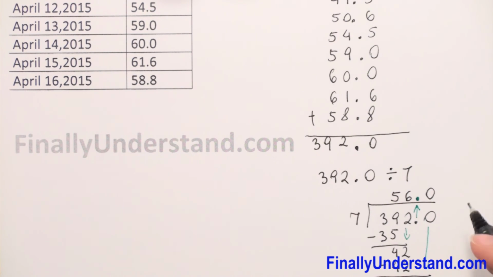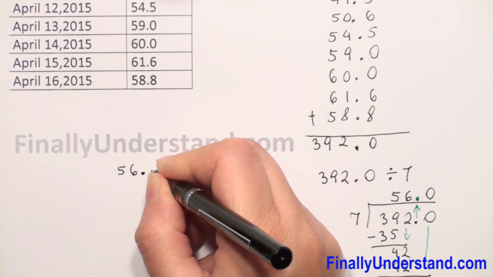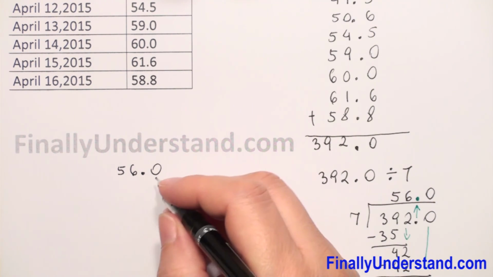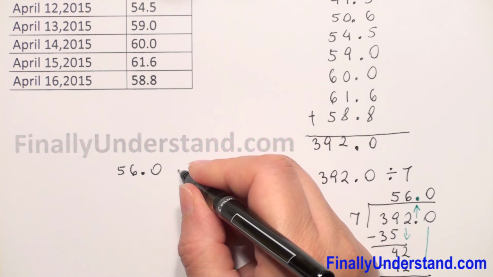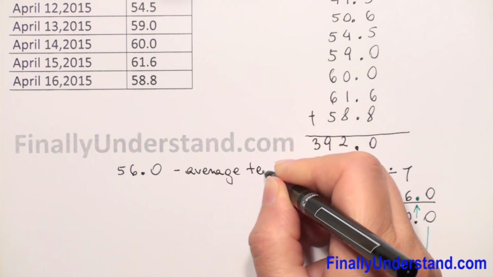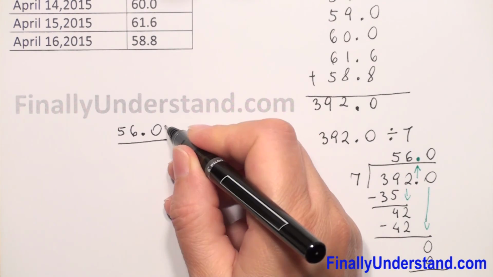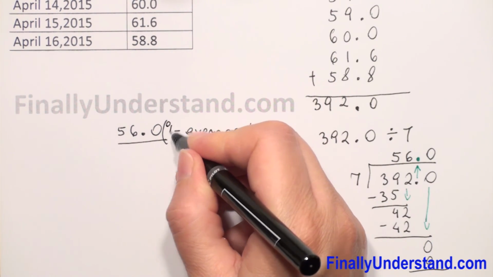So we finish long division. Our solution is 56.0. This is the average temperature. Of course, Fahrenheit.